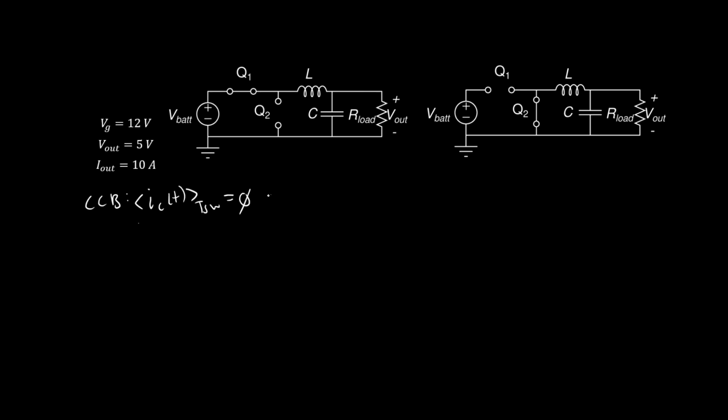All we have to do is look at 1 over TSW times the integral from 0 to TSW of IC of t dt. Again, we can evaluate this directly. We just have to plug in the two subintervals.